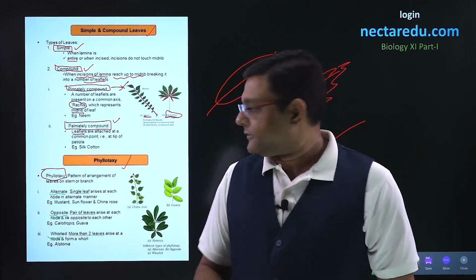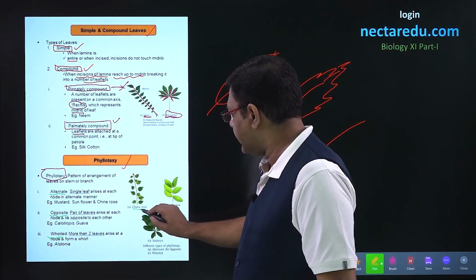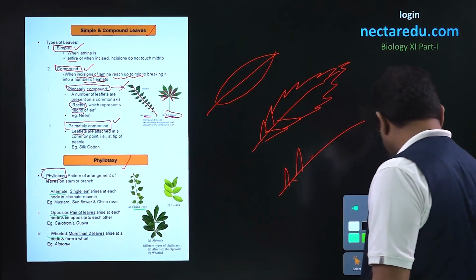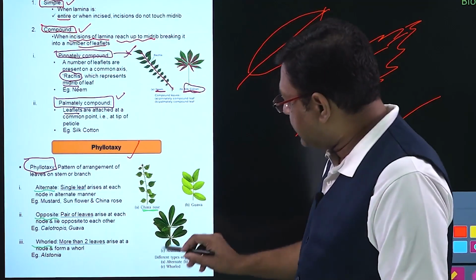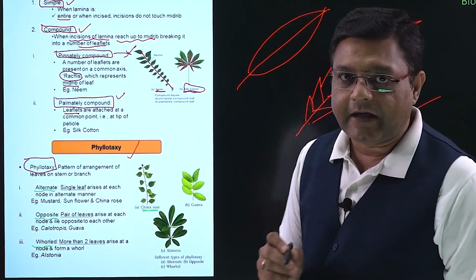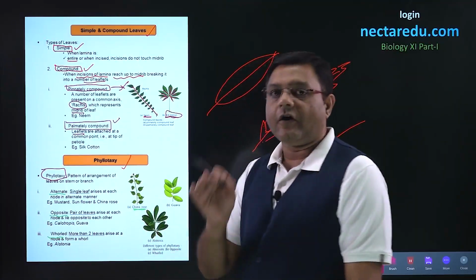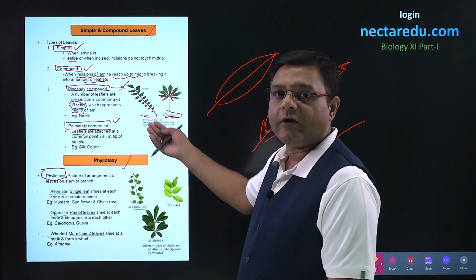In the first case, that is the alternate, China rose is shown here, and in this particular case it is the alternate phyllotaxy. The node is the point from which a leaf arises, and in this, from one node only one leaf will arise, and this will go on alternately.